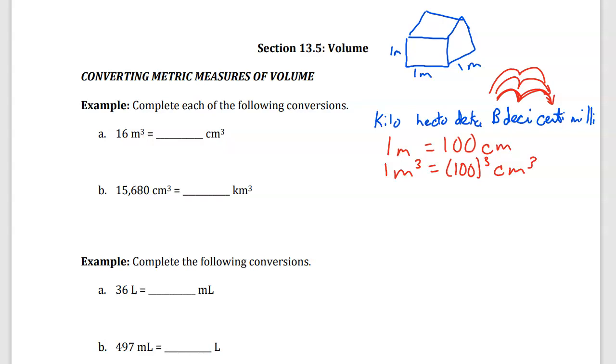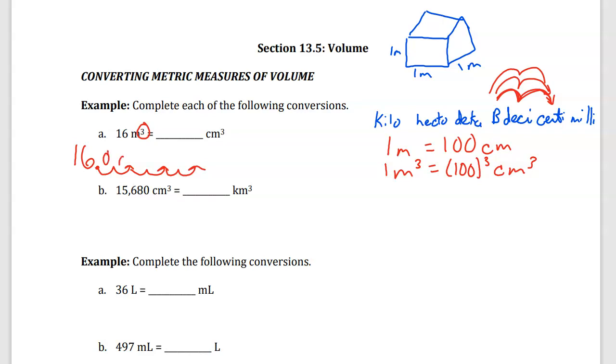Again, with the metric system, it's easier for me to do just moving the decimal place. And so if I know I'm going 2 places to the right, I start out with my 16, and my decimal starts here. So I'm going 1, 2, that's my 1, 2, that's my 2, and then I go 1, 2, that's my 3.